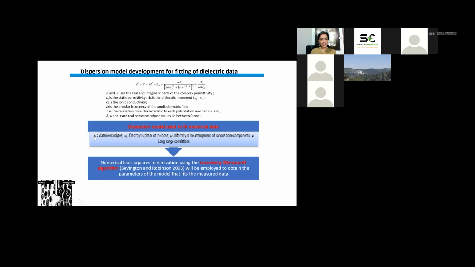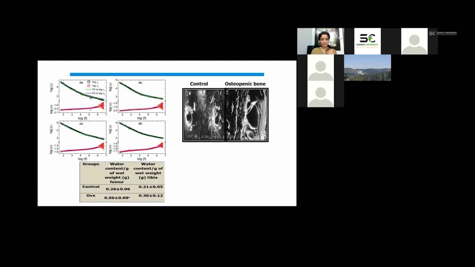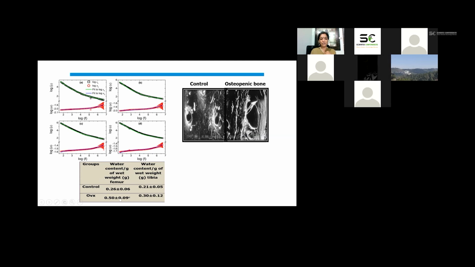So, for example, this is the permittivity which we have related to the water and electrolytes. And if the permittivity has increased, because in the next slide I can show you, we have calculated the water content as well. In the osteopenic bone, the water content has increased, as we have shown here in the electron micrographs.